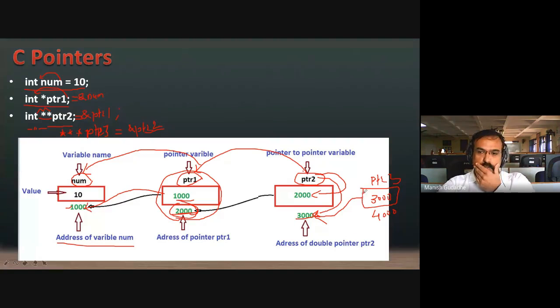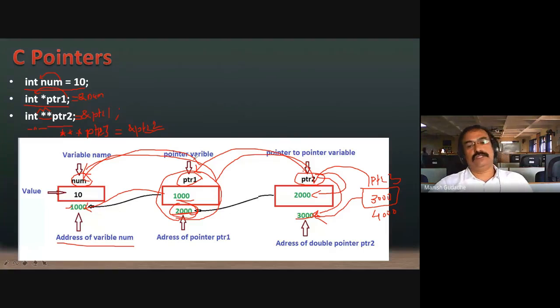So ptr3 is a pointer to a pointer to a pointer to an integer. Likewise, I can have 4 asterisks, 5 asterisks, a pointer to a pointer to a pointer, and so on. There is no limit imposed by C in this way.